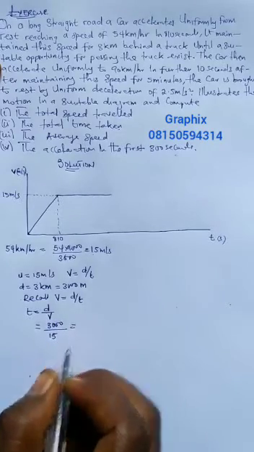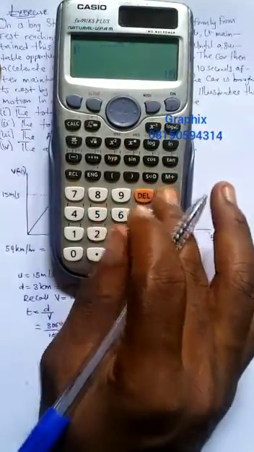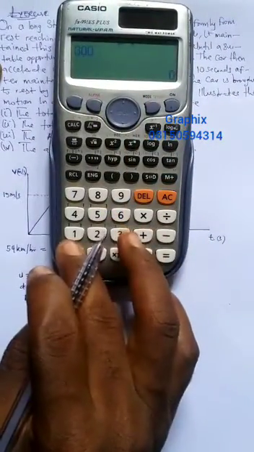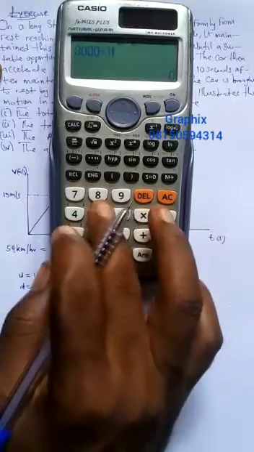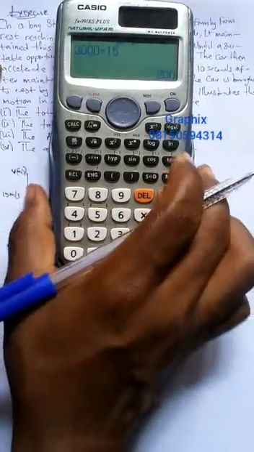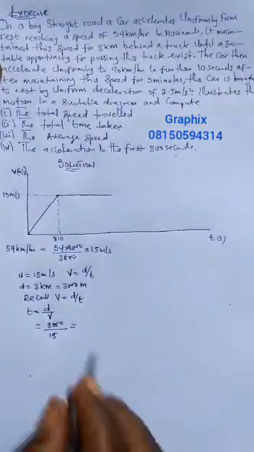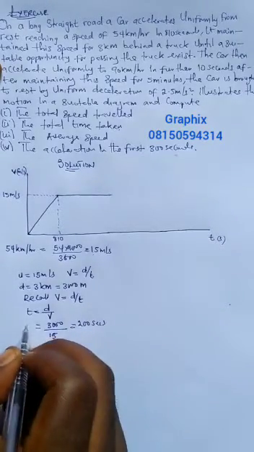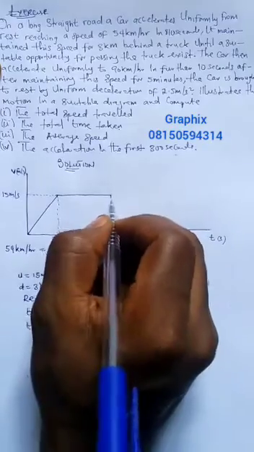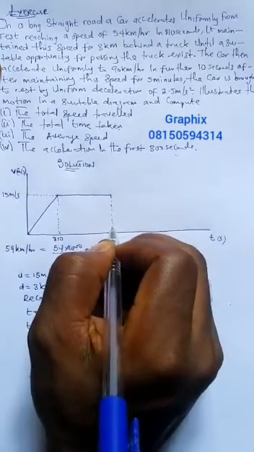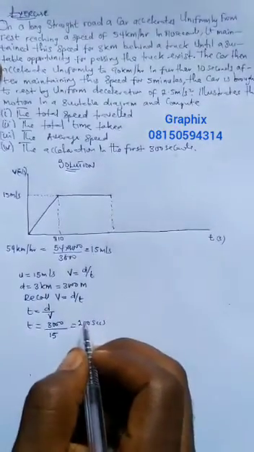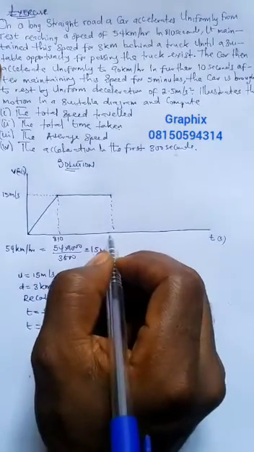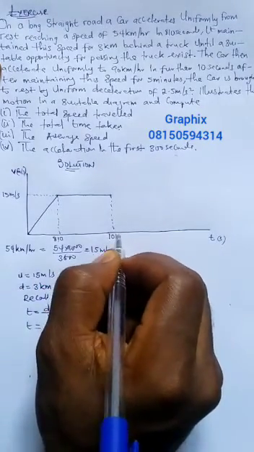So 3000 divided by 15 gives me 200 seconds. That's our time. So it maintained this speed for another 200 seconds. So 200 plus 810 gives me 1010 seconds.